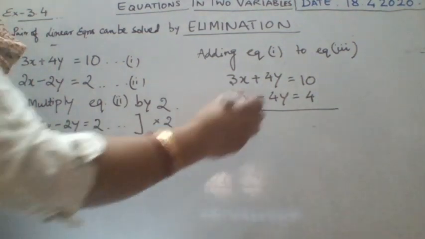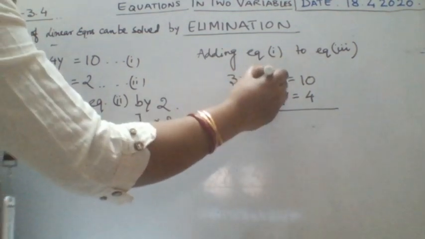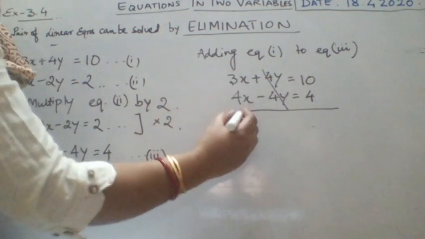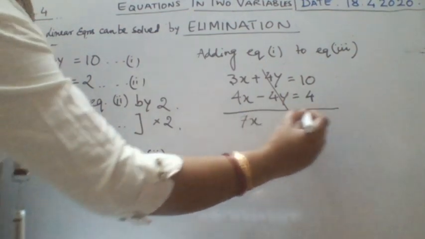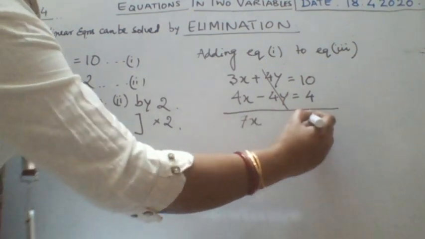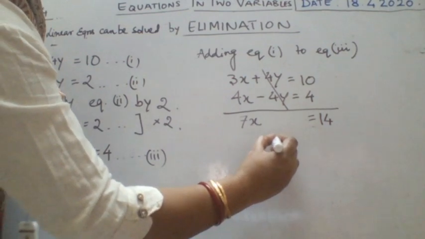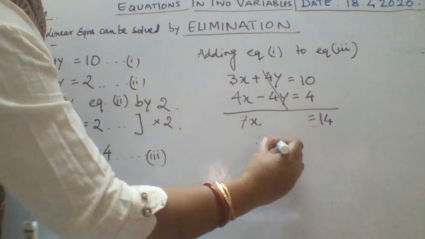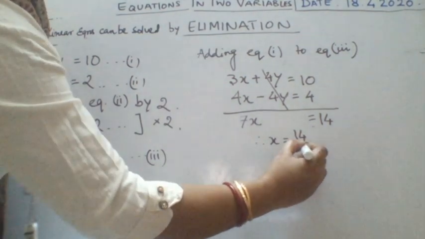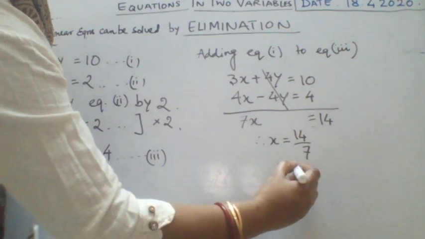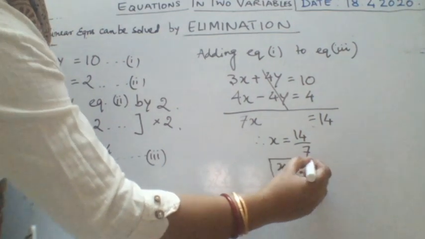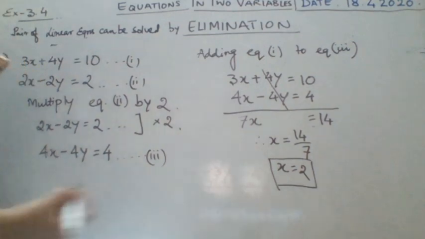These two get cancelled and this is your 7x equal to 14. Therefore, x is equal to 14 upon 7, that gives you x equal to 2. So this is one of the values of the variables, x is equal to 2.